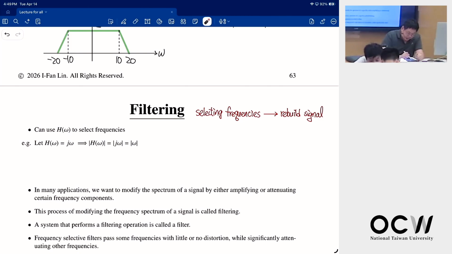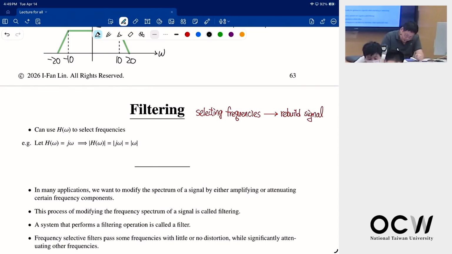For example, if I have frequency response j omega, let's plot the magnitude. The magnitude is like omega, so it looks like this.